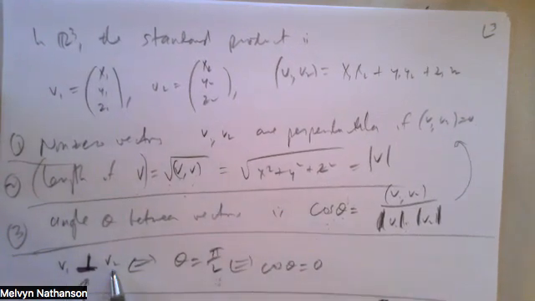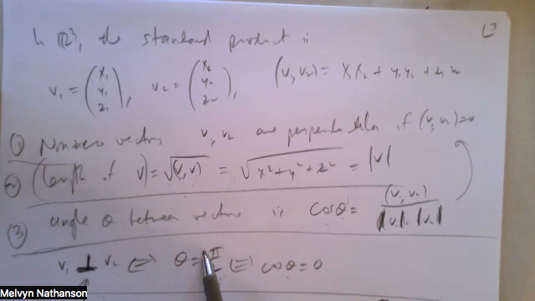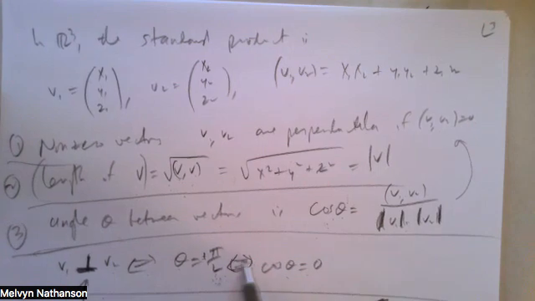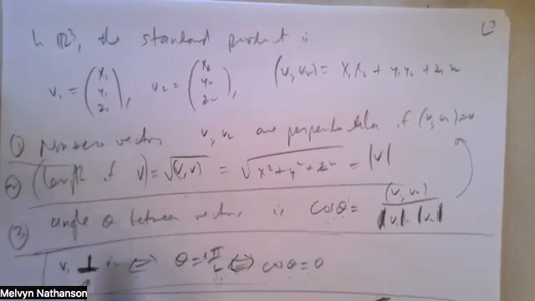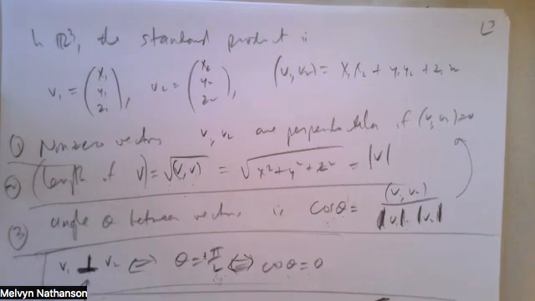So V1 is perpendicular to V2 if and only if the angle theta between them is pi over 2 radians, and theta equals pi over 2 is the same as cosine theta equals 0. So this is not calculus, this is pre-calculus. This is what it means for two vectors to be perpendicular. Two lines are perpendicular if the angle between them is pi over 2.